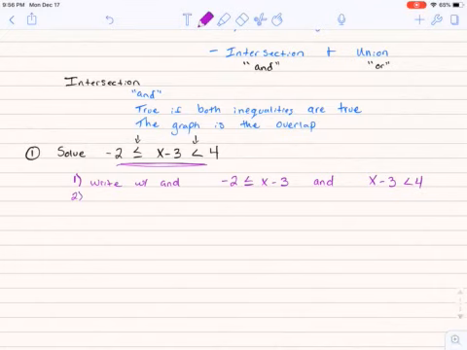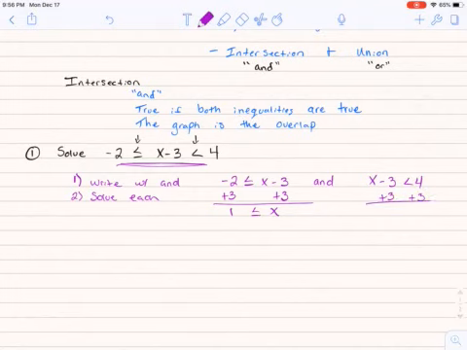Now that I have it broken, I can solve each piece. Well, here we would add 3 using the addition property of equality, and have 1 is less than or equal to x. Over here, notice it's the same thing, really.